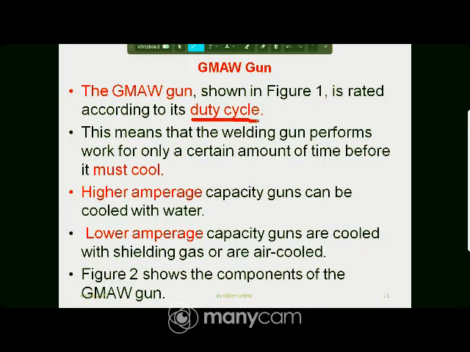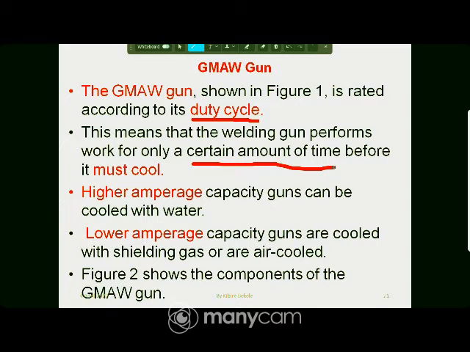So the equipment must depend on the duty cycle. There is a rating of duty cycles: high duty cycle, medium duty cycle, and low duty cycle. It is indicated by percent. This means the welding gun performs work for only a certain amount of time before it cools down.